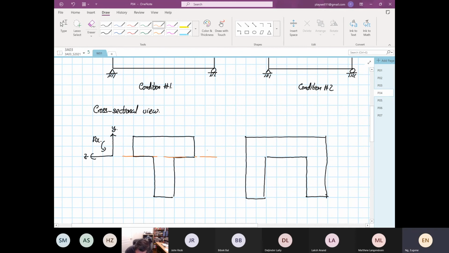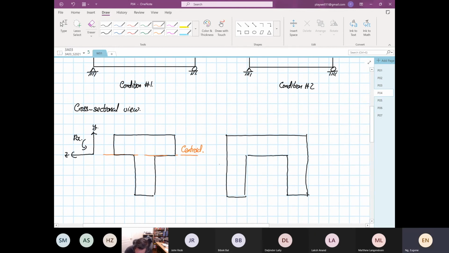This is our centroid, and this is just arbitrary. In fact, it should not be there. My apologies. It should be slightly higher.